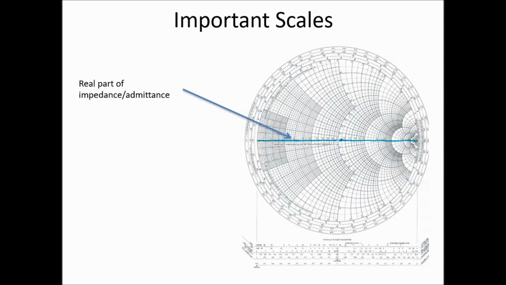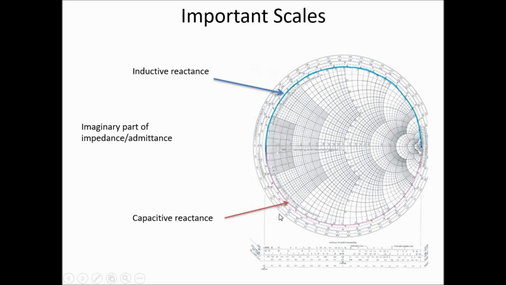So now let us find the chart scale. The real part or R values can be obtained from these scales. These numbers basically indicate the real part, and the imaginary part is indicated from here. So you get the imaginary part.